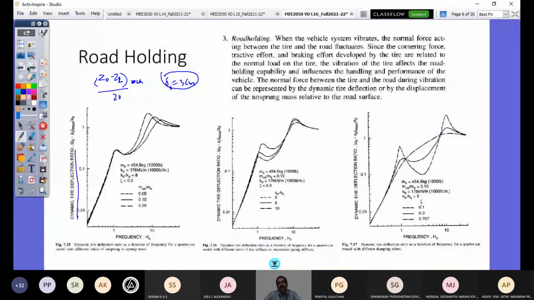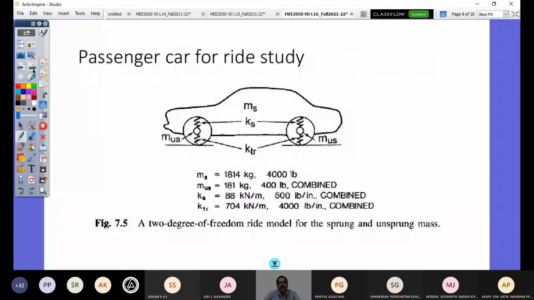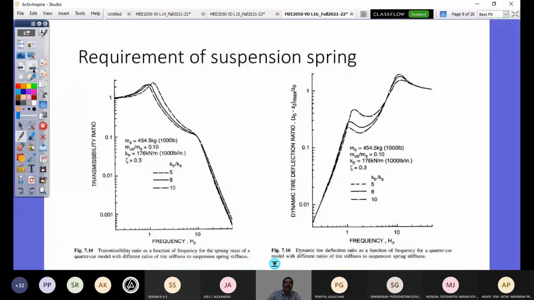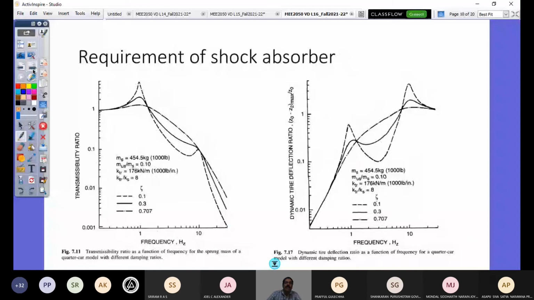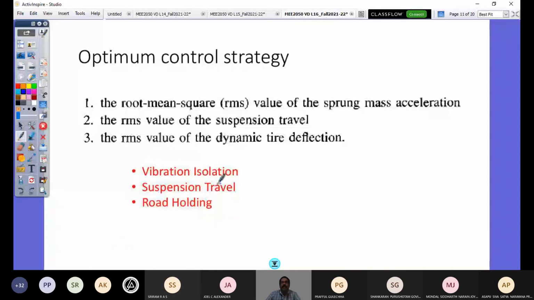Again, to see the requirement of suspension spring, I have brought in one case study you can go through. The optimum control strategies of these three are defined by these parameters, right? 1, 2, 3. I had to find this RMS acceleration.